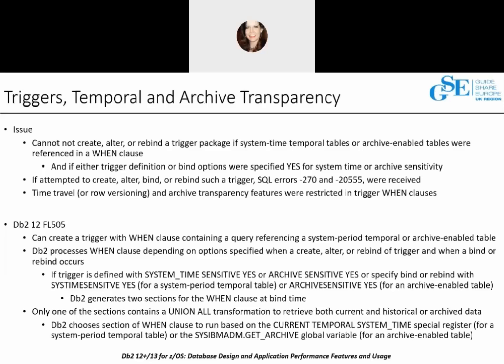When either one of these is used, Db2 does a union all behind the scenes to choose whether it's going to the current or the historical tables or the archive tables. That will be supported in the when clause, and Db2 chooses the section of the when clause that qualifies for the table in which the data actually resides.